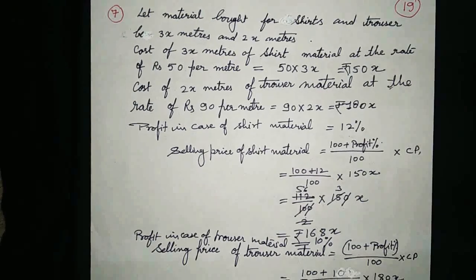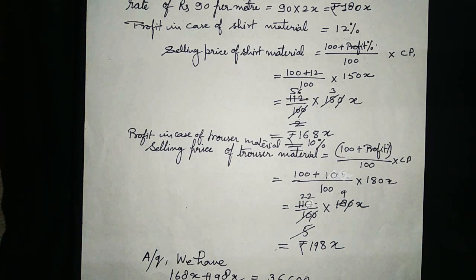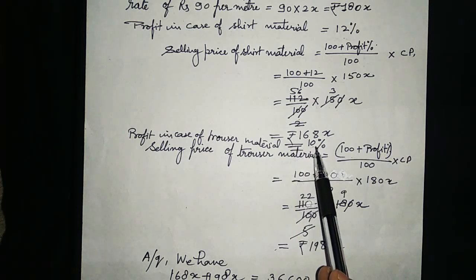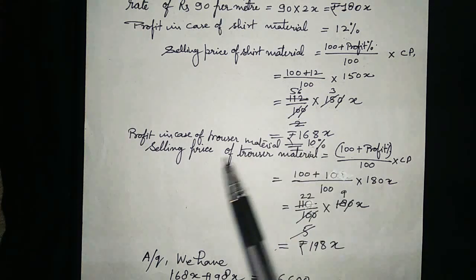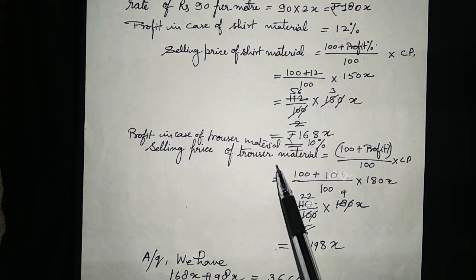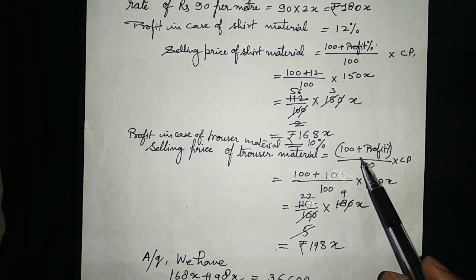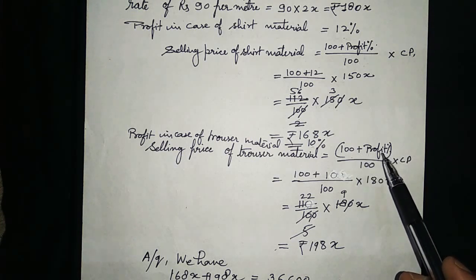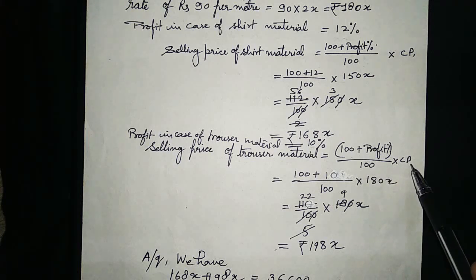Now we will calculate the selling price of trouser material. Here the profit in case of trouser material is 10%. You can see in the question, profit for trouser material is 10%. Now we can find out the selling price of trouser material. For this also we will use the same formula: (100 plus profit percent) upon 100 into CP.